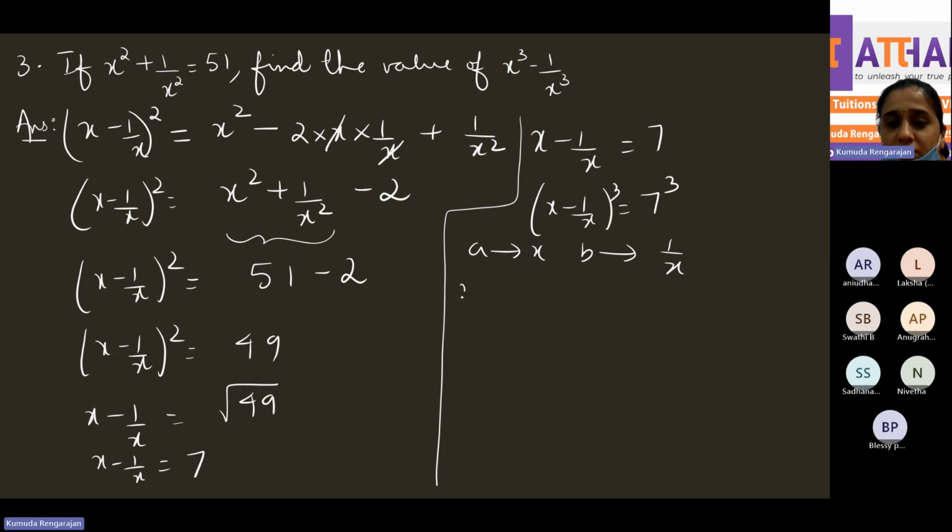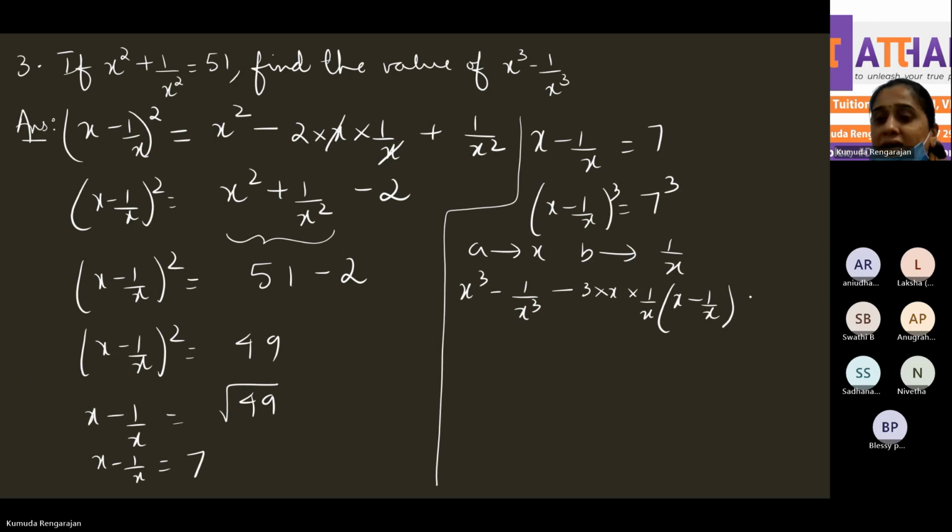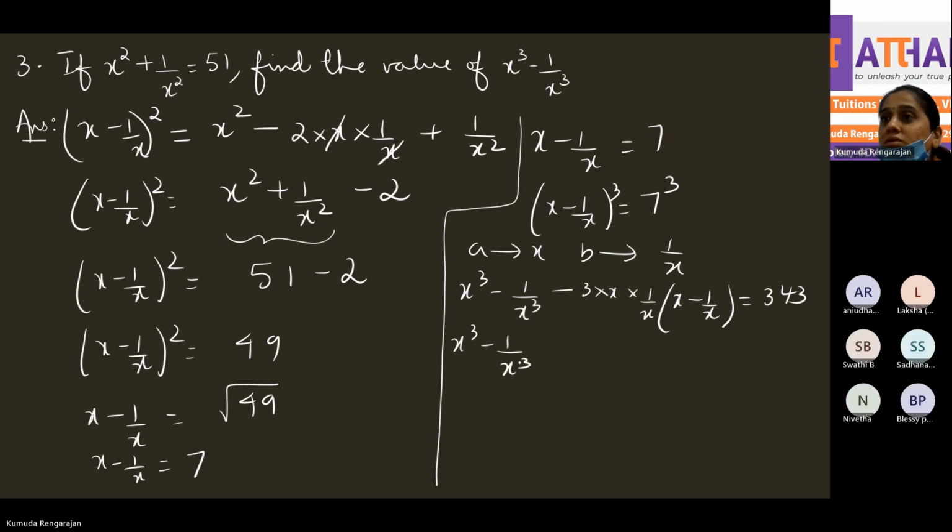A cubed minus b cubed minus 3ab into a minus b is equal to 7 cubed, which is 343. So x cubed minus 1 by x cubed, minus 3 into x minus 1 by x, the value is 7.